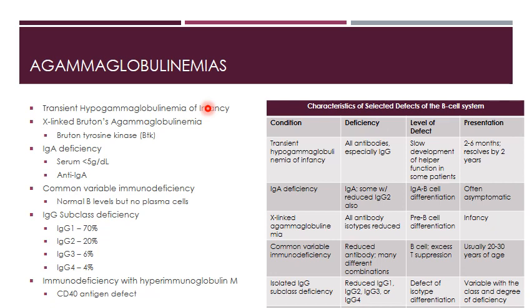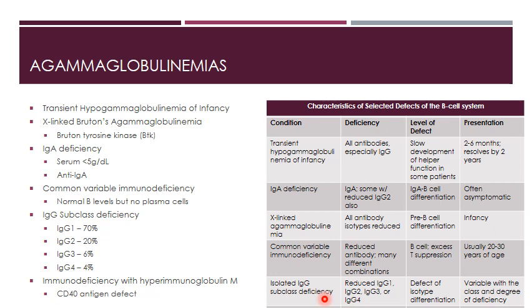And for that reason, they experience very low levels of immunoglobulin for about 5 to 6 months. Now that's normal. That's the transient part. However, some babies take longer. Now this is where it's unusual.